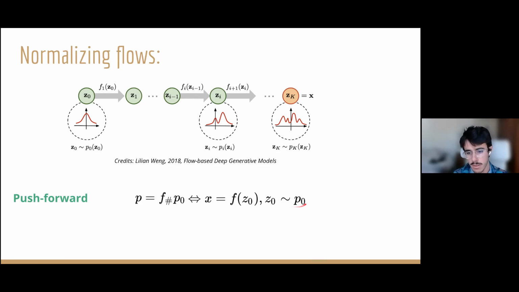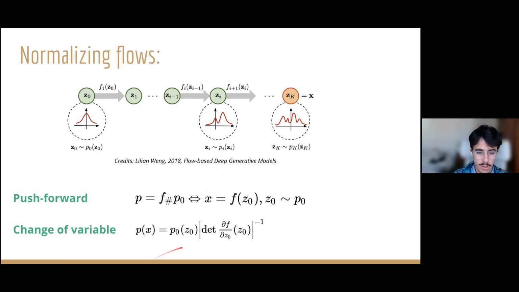And in terms of sampling, that means this, right? You sample Z0 from your base distribution, and then you evaluate your flow, and that gives you a sample from your parametric distribution. Then applying the change of variables, you can compute the density of samples from your parametric distribution by computing the density of the base distribution and the determinant of the Jacobian.